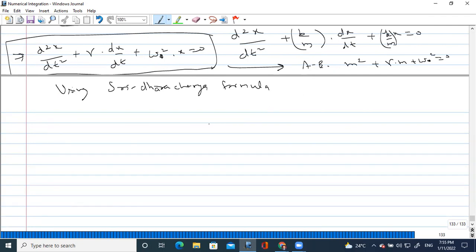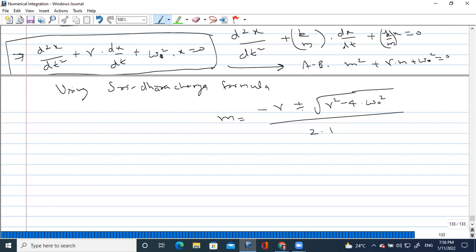So m will be minus b, b is gamma, plus minus under root b square, gamma square minus 4 into a, a is 1, c is omega naught square, divided by twice into 1. So like this you will find it.